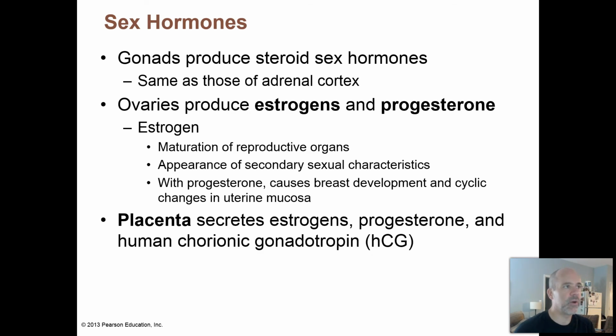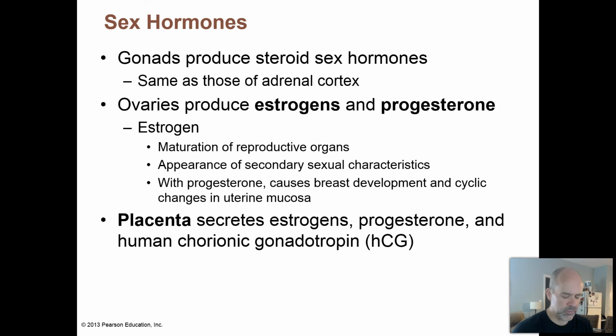All right, sex hormones. So we've already mentioned the adrenal cortex, those male sex hormones that are produced in smaller amounts by those glands. And the gonads, the testes in the male, ovaries in the female, are the organs responsible for producing by far most of our sex hormones.